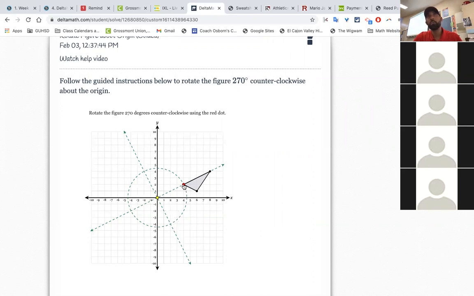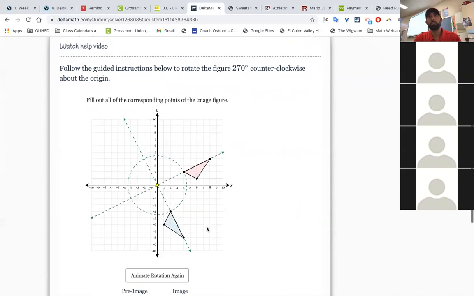So now it says rotate the point 270 degrees. So now I'm clicking and dragging it 270 degrees. If I start here, I go to here, that's 90 degrees, 180 degrees, and then 270 degrees.